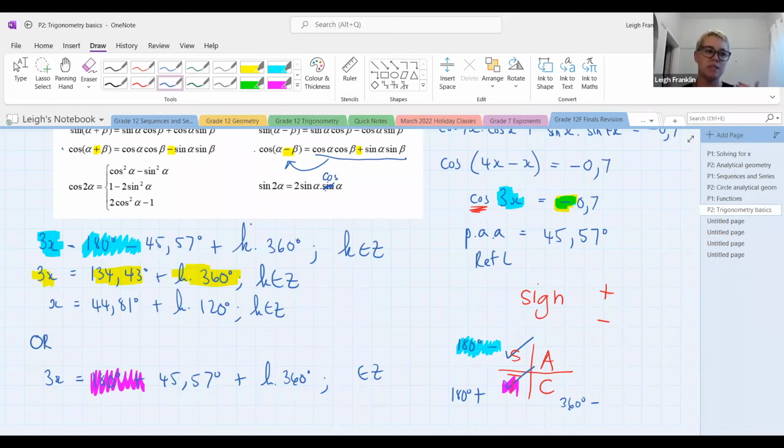So every 360 degrees, there would be a solution. Then when we collect like terms and divide through by 3, we get x equals 44.81 plus k times 120. Does that make a little bit more sense?